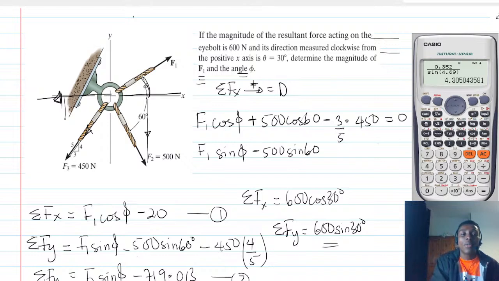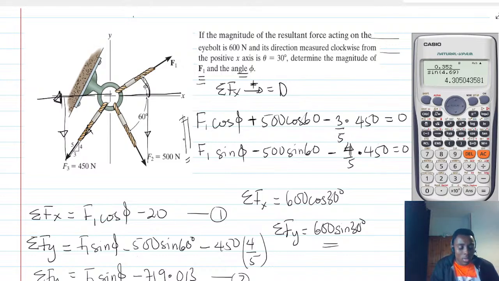And similarly, the y component of this one is going to come down, so minus 4/5 multiplied by 450, should be equal to 0. Please, I want you to do this on your own. Take your time, sum the forces equal to 0.